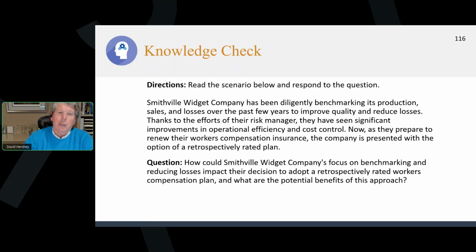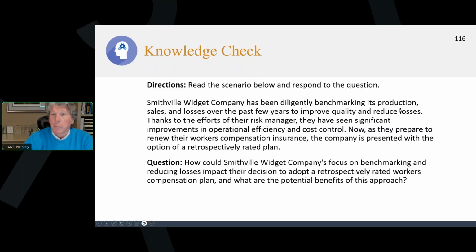Before we get to the question, let's look at key pieces of the information we are given. Diligently benchmarking. Not all companies do that. If somebody is benchmarking, I'm saying to myself, you're certainly a little better than average in sophistication and in knowledge. So that's a plus.